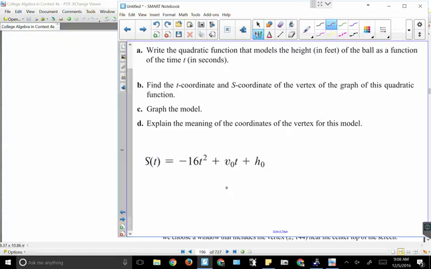Okay? Your starting velocity is right there. Kind of V sub 0. I mean, that V for velocity, does that make sense?